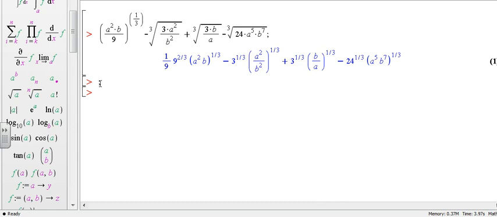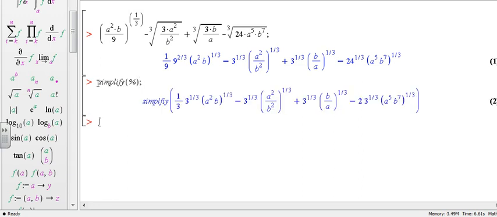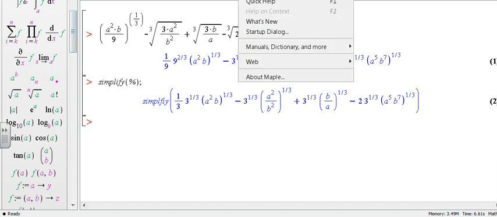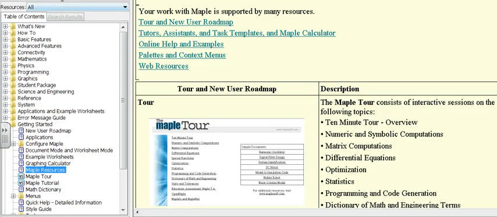Try it again. Why is it doing that? Why is it misspelling? Why can't it simplify something like that? Spell simplify right.